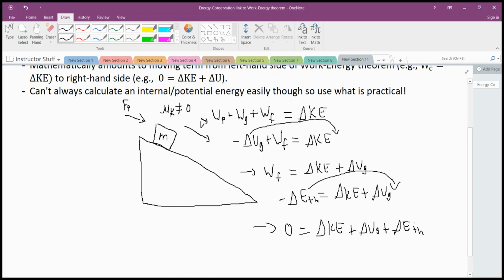We can go backwards, of course. I can bring this to the left-hand side, I can bring that to the left-hand side, and go back to our work energy theorem instead. And so you see then how the work energy theorem and energy conservation relate to each other by moving terms over from a work term on the left-hand side to an energy term on the right-hand side.